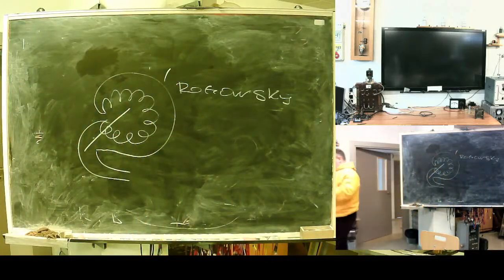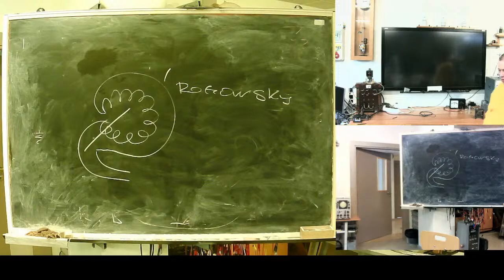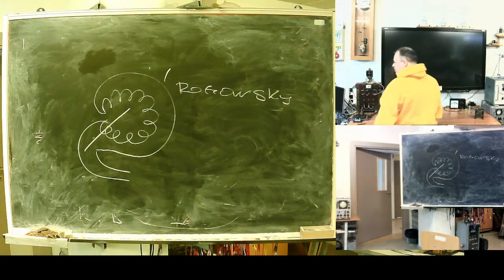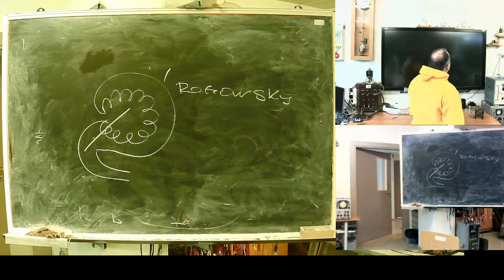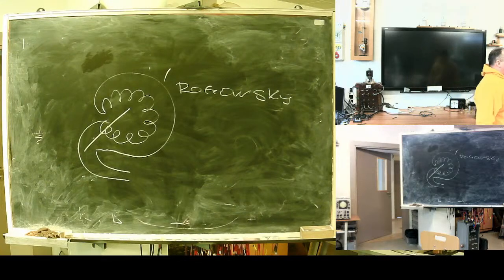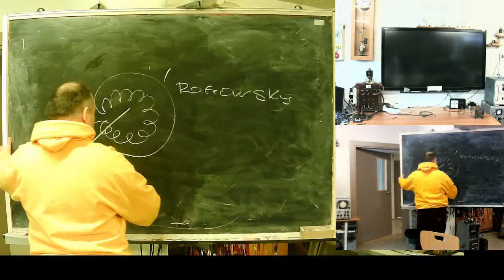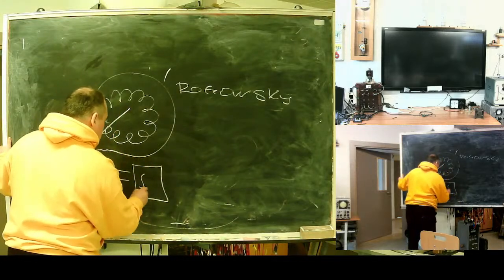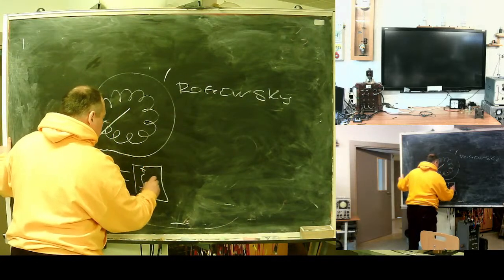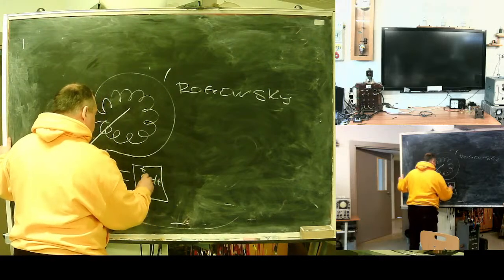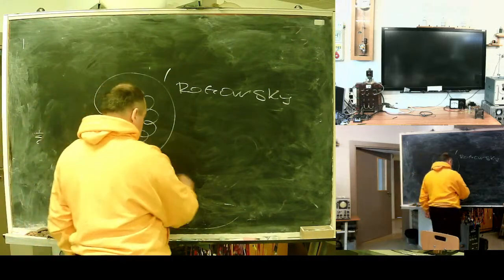A Rogowski coil doesn't have a core, it's coreless. And the problem is that a Rogowski coil doesn't give you the current. It gives you the first derivative of the current. To get the current from a Rogowski coil, you need to put an integrator on the path.